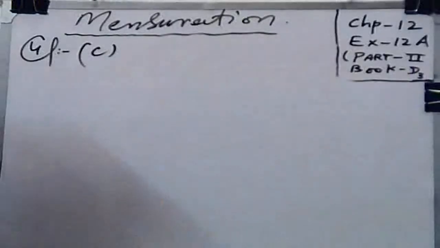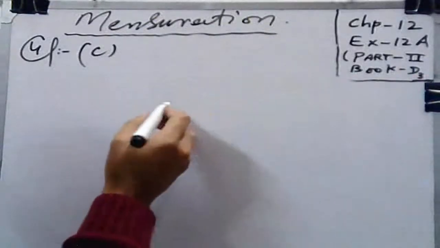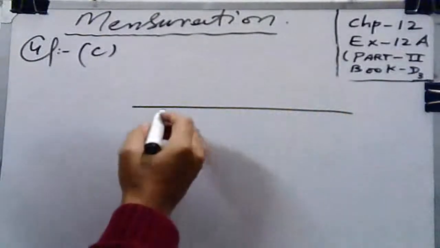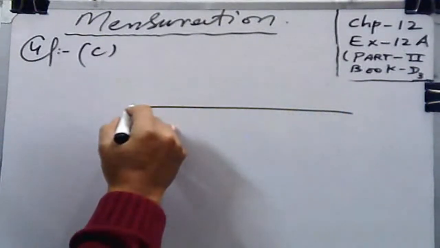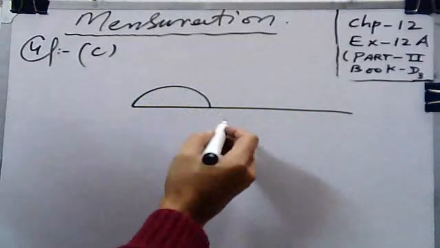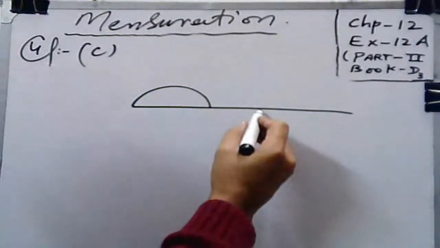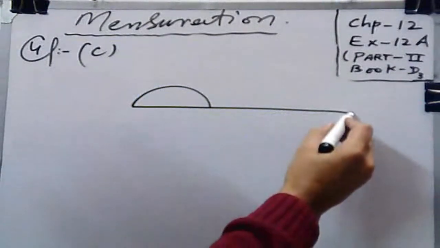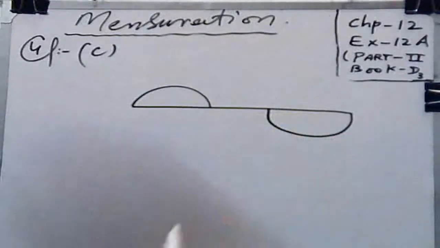In C part, the given figure is like this. You can see, first of all draw the semicircle, then you can draw another semicircle like this.